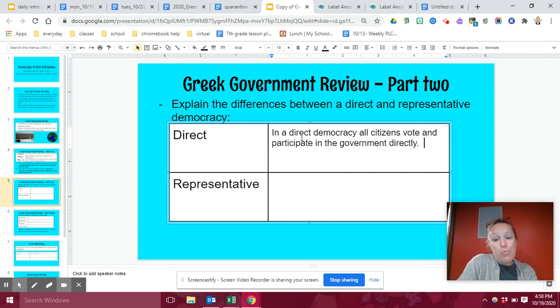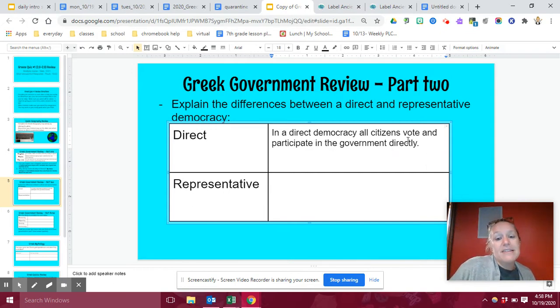Meaning no matter what it is, whether we're voting on a new, I don't know, stop sign, or whether we're voting on President of the United States, in a direct democracy, you vote on everything. Every little thing in every little location, it's voted upon as the group, and the majority wins.